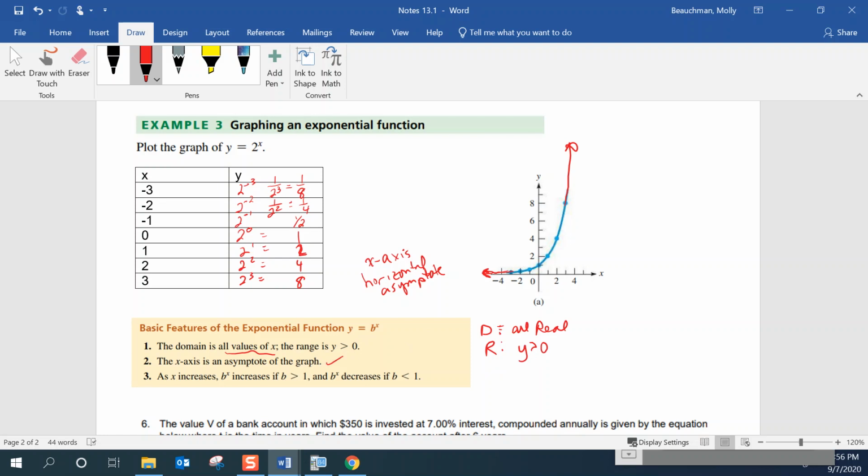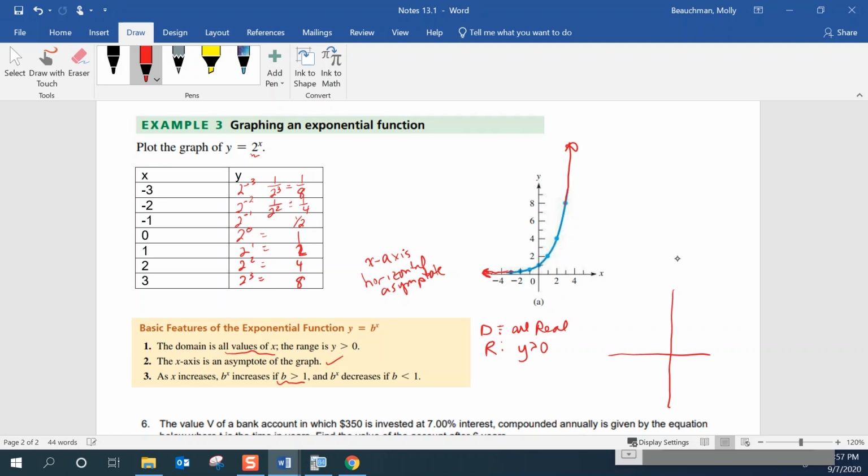The x-axis is an asymptote of the graph. It's a horizontal asymptote. And then as x increases, b to the x increases if b is greater than 1. What does that mean? Here we're taking 2 to the power of x. 2 is bigger than 1, so our function increases.